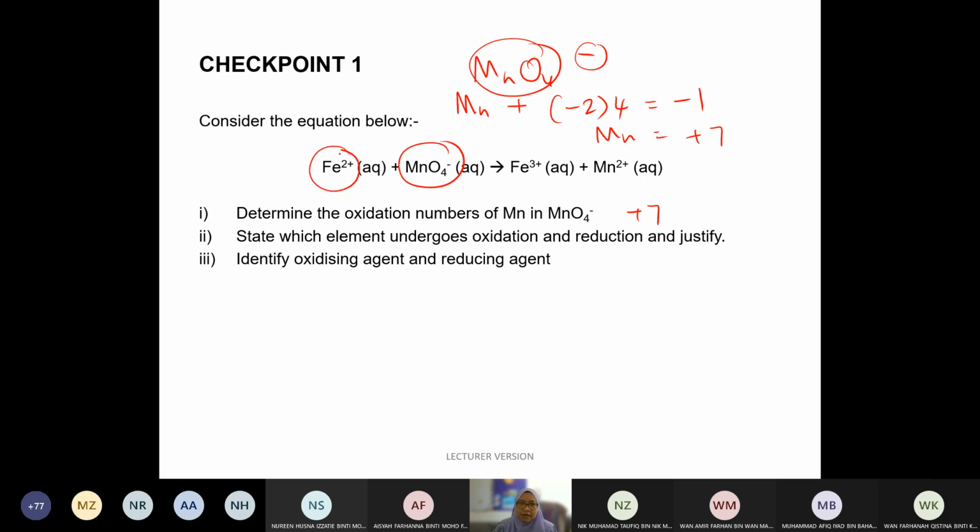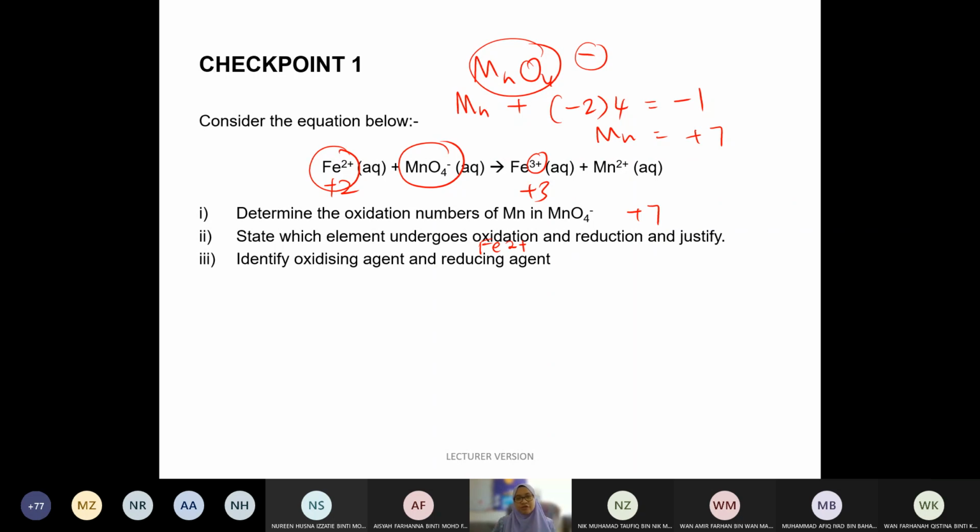So iron 2+, initially it is +2, later it becomes +3. As you can see, the oxidation number increases. Therefore, that is the characteristic of oxidation. So iron undergoes oxidation. Which element undergoes oxidation? So it should be Fe2+.